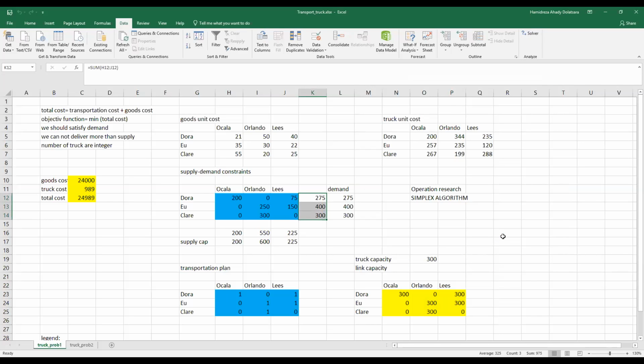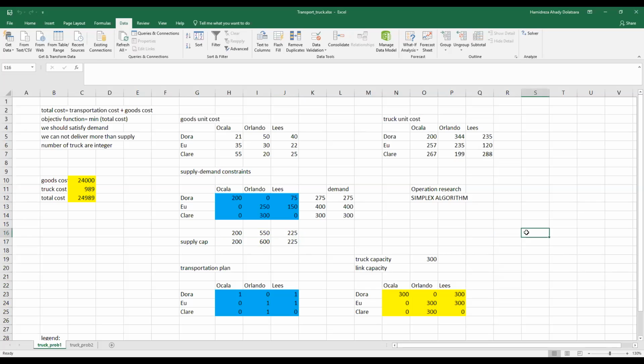I intentionally made it equal or greater. Some customers probably need to be provided more than the demand, but here it's not economical, though it's logical. And for supply cap, you see that the production in all of them is at most our supply cap. Even in Orlando, we didn't reach the cap. We just deliver less than the cap.